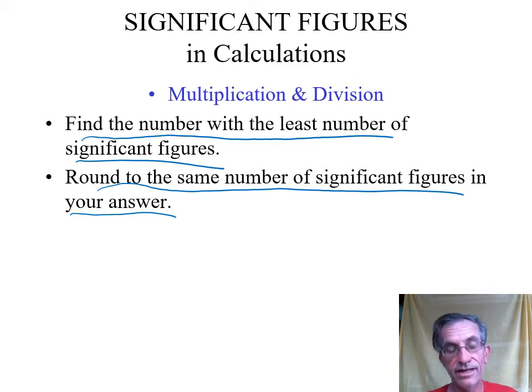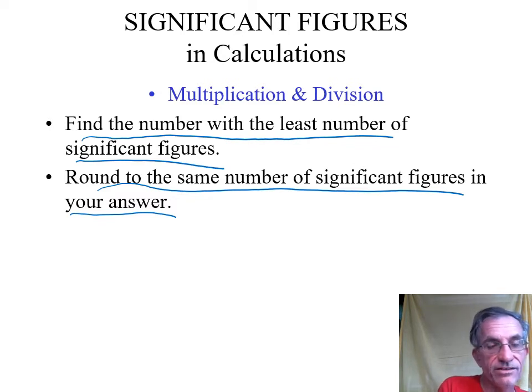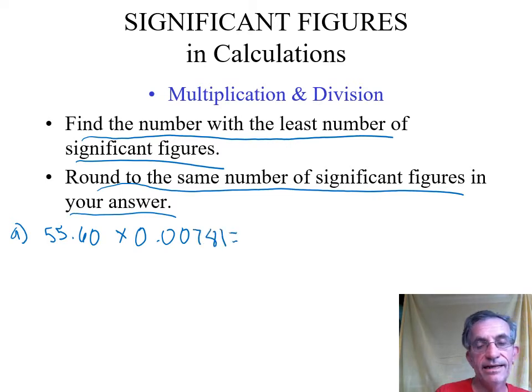All right, let me show you a couple examples. So let's say I'm doing this math problem: 55.60 multiplied times 0.00781. And I say, hey, do that and not only tell me the answer, tell it to me rounded correctly.